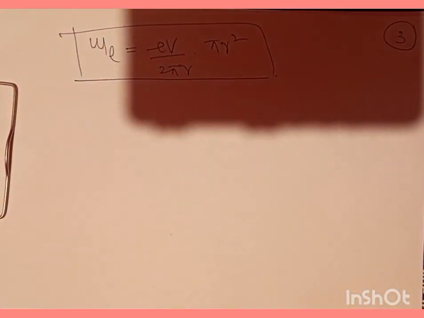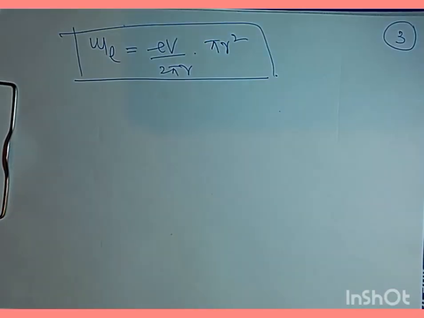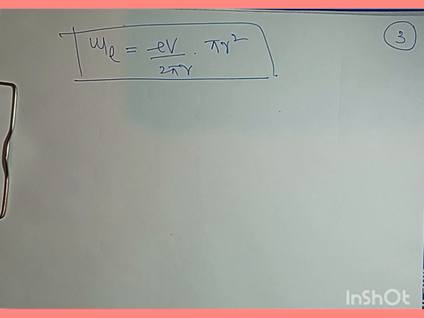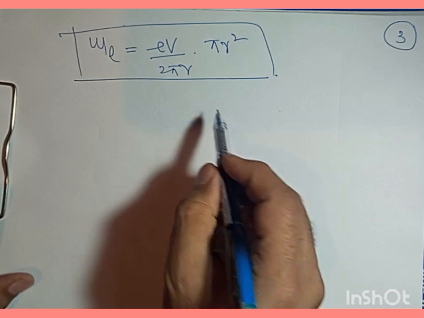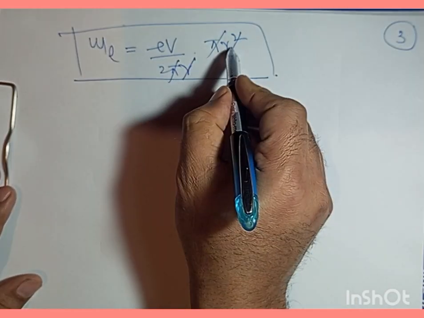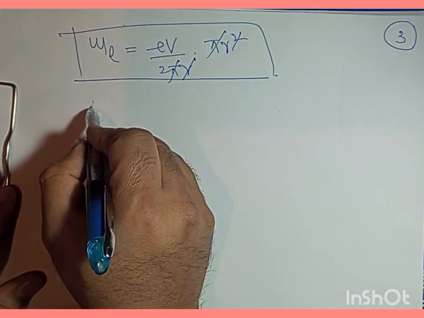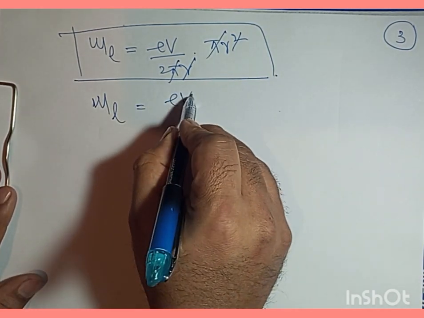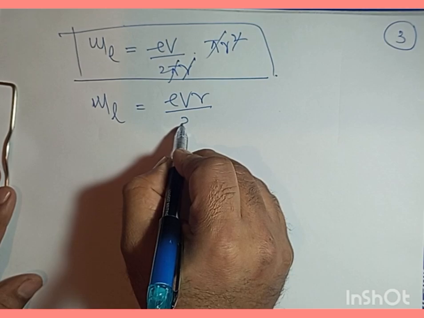All right, so the point is that what we have here is the cancellation. This r square and r will cancel, pi and pi will cancel, and my mu L will be evr by 2.